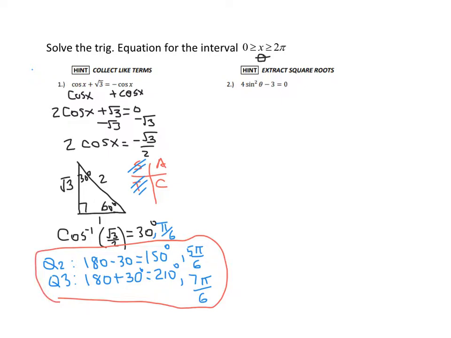Okay. So now let me go to the problem on the other side, and this one I'm just going to look at what I have. I'm going to move the 3 over to the other side.